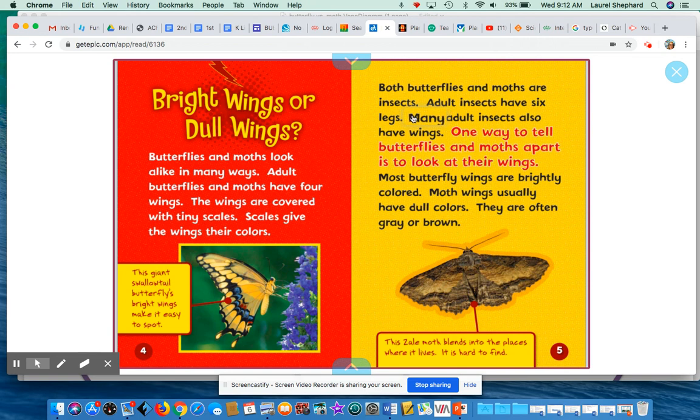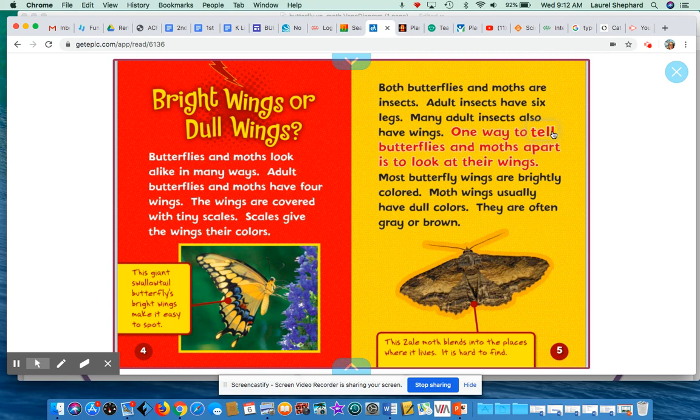Let me move on to the yellow page. Both butterflies and moths are insects. I heard a key word, so I'm going to file that away. Many insects have 6 legs. Many adult insects also have wings. One way to tell butterflies and moths apart is to look at their wings.